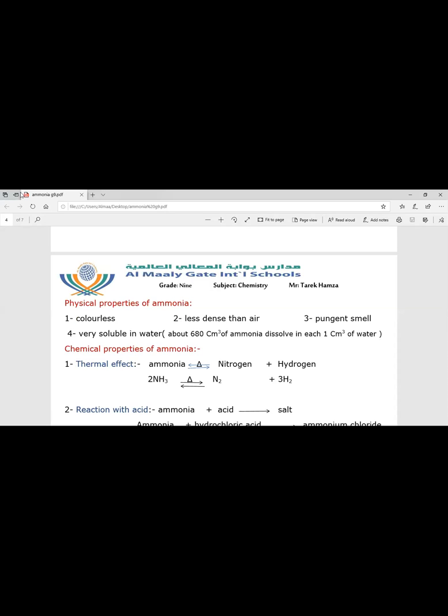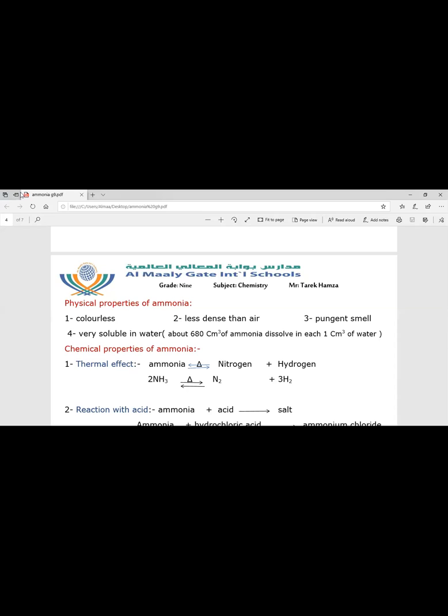Number four, ammonia is very soluble in water, about 680 cubic centimeters of ammonia dissolve in each 1 cubic centimeter of water, producing ammonium hydroxide.